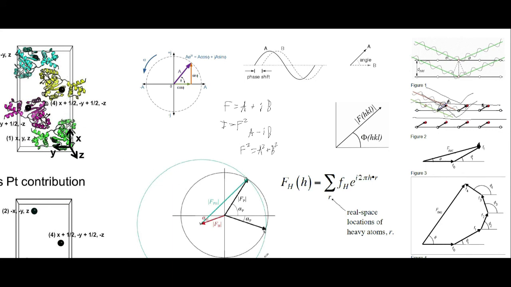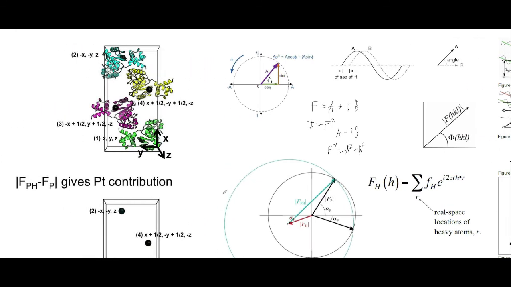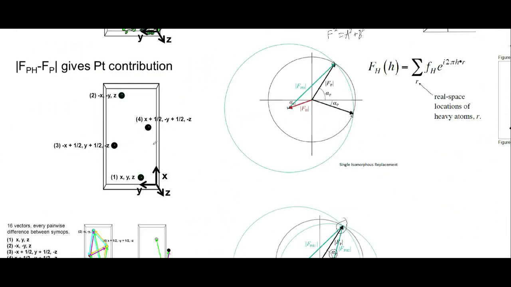We went and we found the phase information, which we did by getting the crystal structure of the protein with and without heavy atoms in it, and with and without the heavy atoms, the FPH minus FP gave us this FH, which is what we got here, and that we could use as a new origin with which to make this circle of the different possible phases.